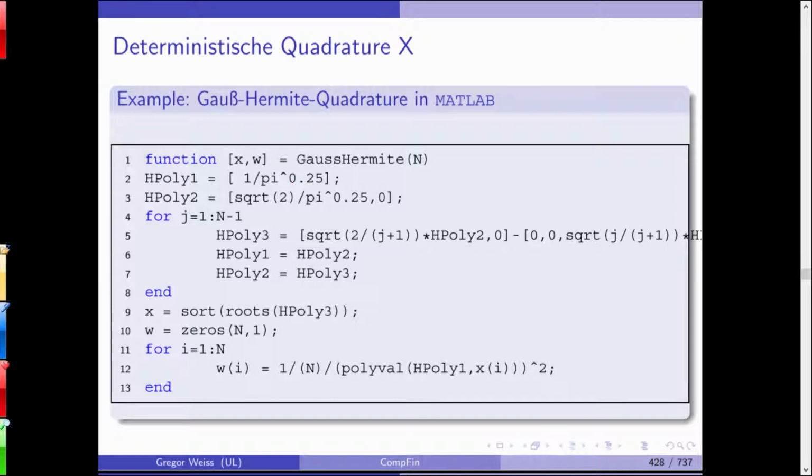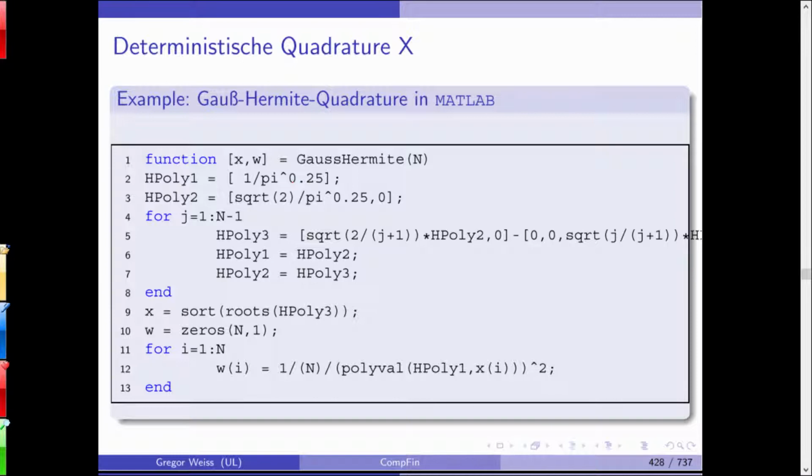And then what we do next is we sort the roots of H poly 3. So, what are we doing? For example, let's assume we want to calculate the integral using 20 nodes. Then we need the roots, the zeros, of a Hermite polynomial of order 20. So we need H poly 20.